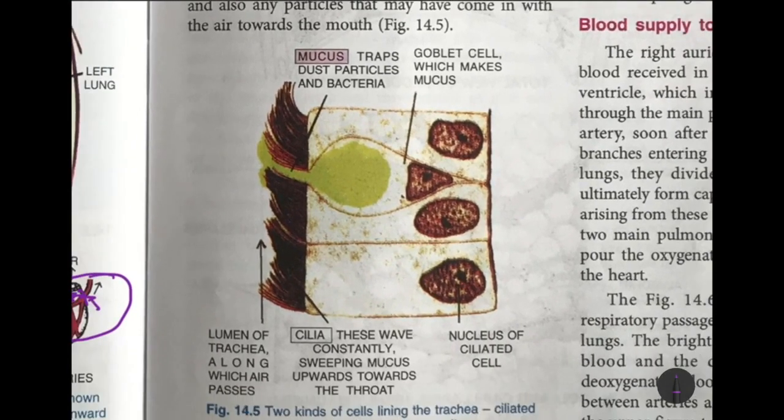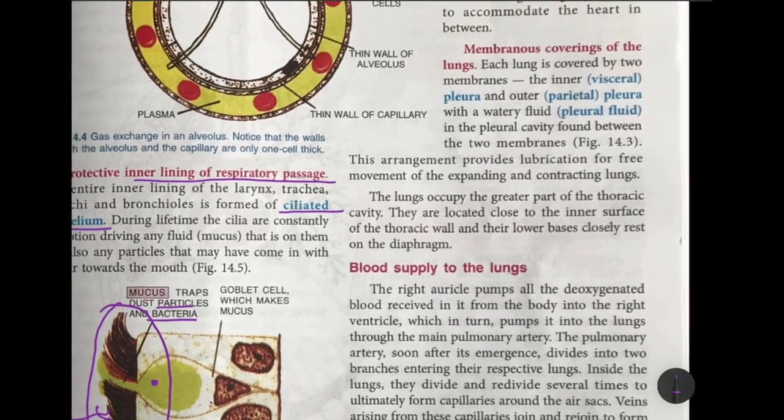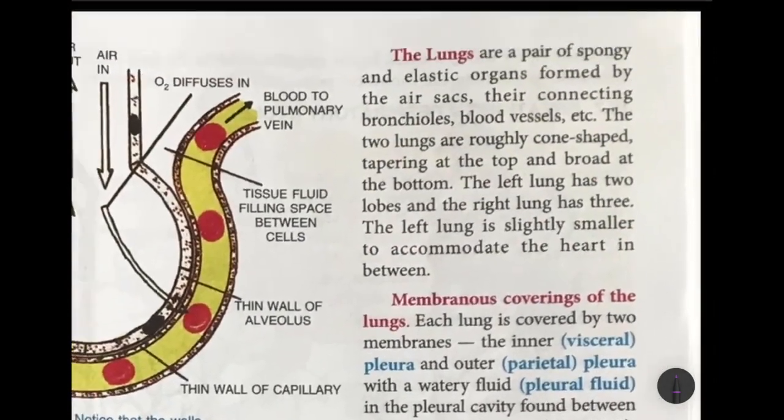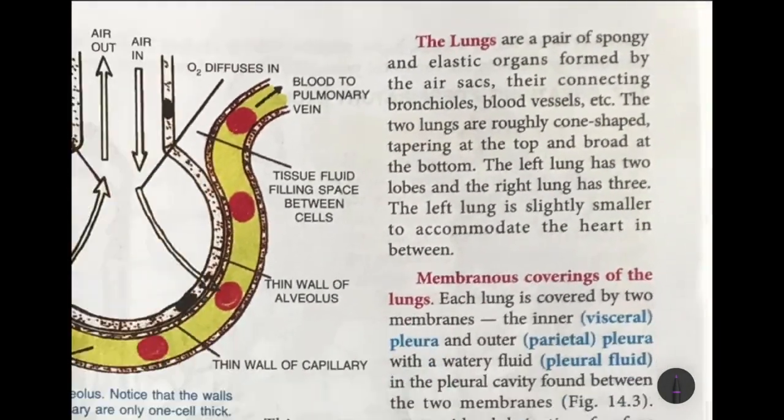You can see this ciliated epithelium, which is always in motion. The mucus traps the dust particles and bacteria, and the cilia constantly lash from side to side, so that the trapped dust particles are not allowed to get inside the alveoli.